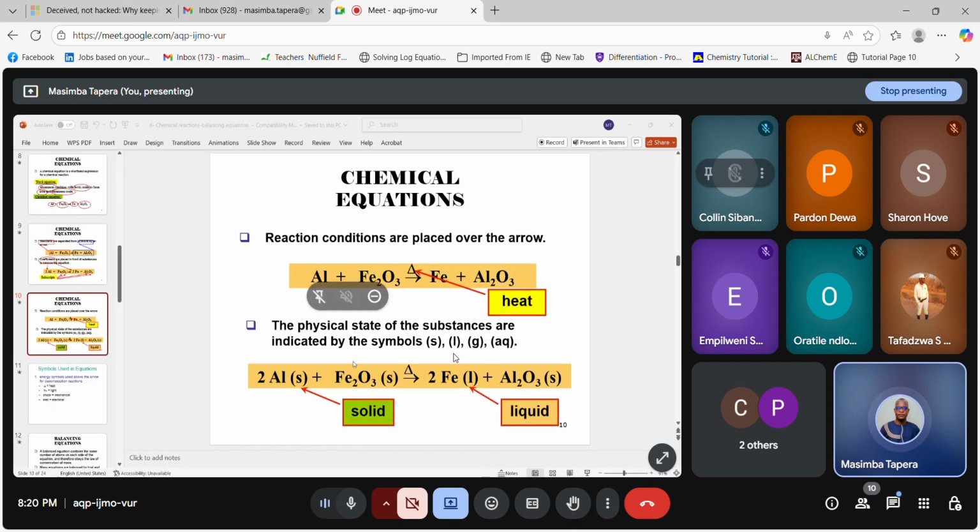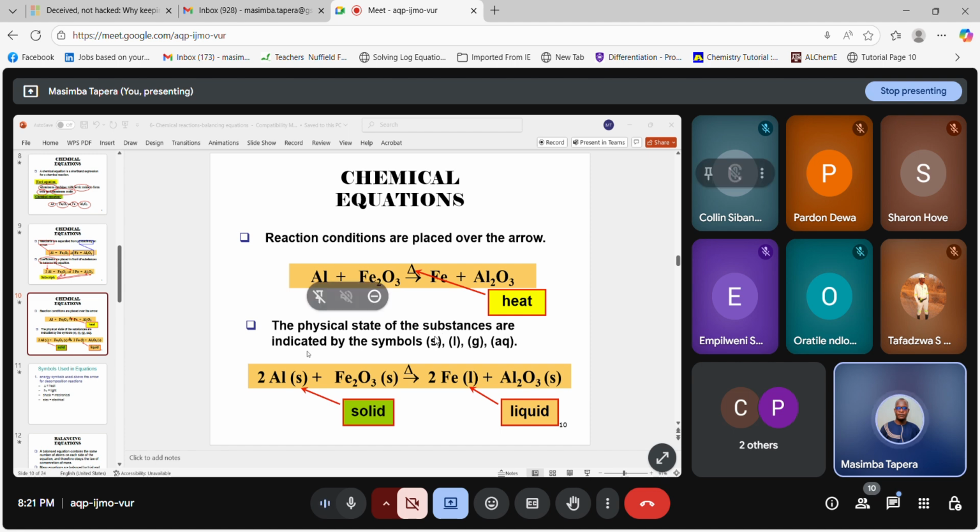We can actually put reaction conditions, usually above and below the arrow. You can put some conditions of the reactions, whether it is involving heat, whether it's absorbing or releasing heat, whether you are using a catalyst, and other conditions. Then also the physical states of substances, the reactants and the products, can be shown by putting those letters in brackets.